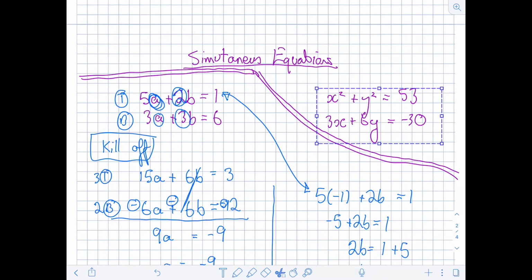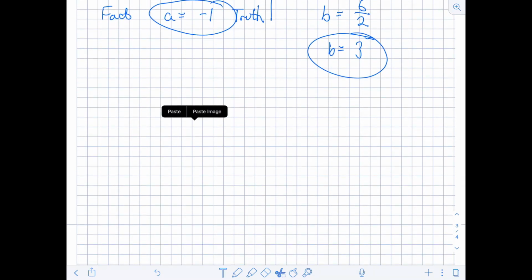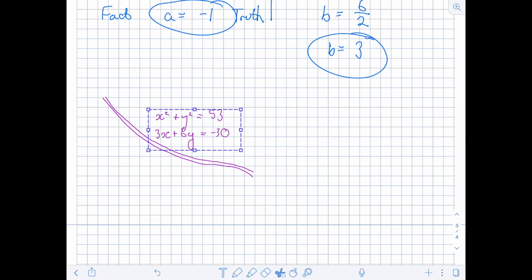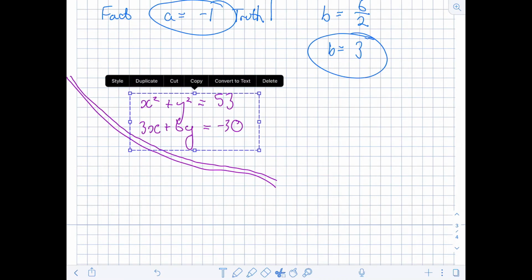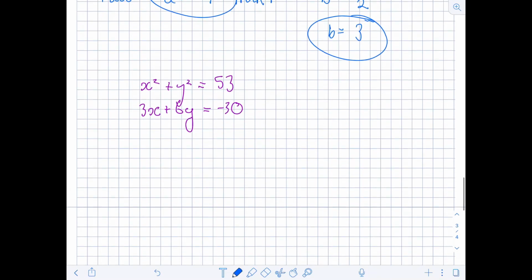Never mind. Okay, so let's try and copy this guy. Copy. Let's paste him down here. Paste. There we go. Right, and try and get rid of this guy here. So that was easier to do than I expected. So we're back into a simultaneous equation question, and we now have some x's and some y's.